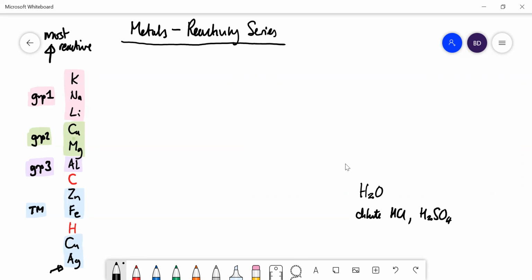Now, the most reactive metals will all react with water, as we came across in the periodic table topic before. So all the group 1 metals and calcium from group 2 will react with water.